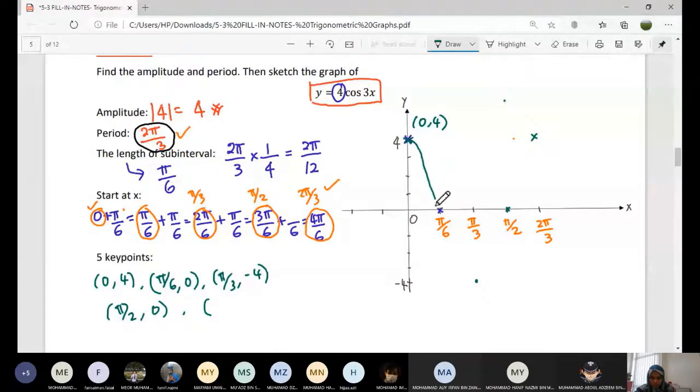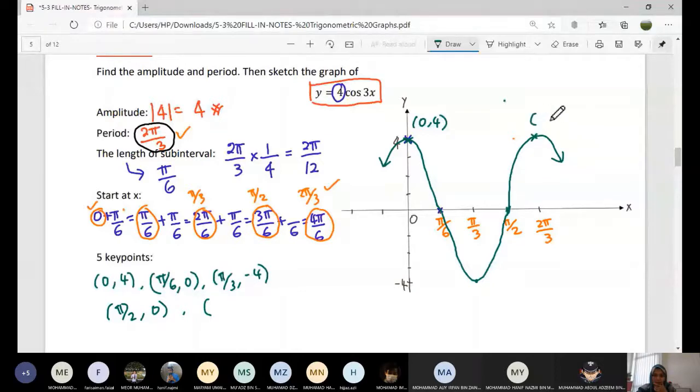Then you can continue to sketch the graph. Connect this one. Okay, and then we extend a little bit to show that the domain can be all real numbers.